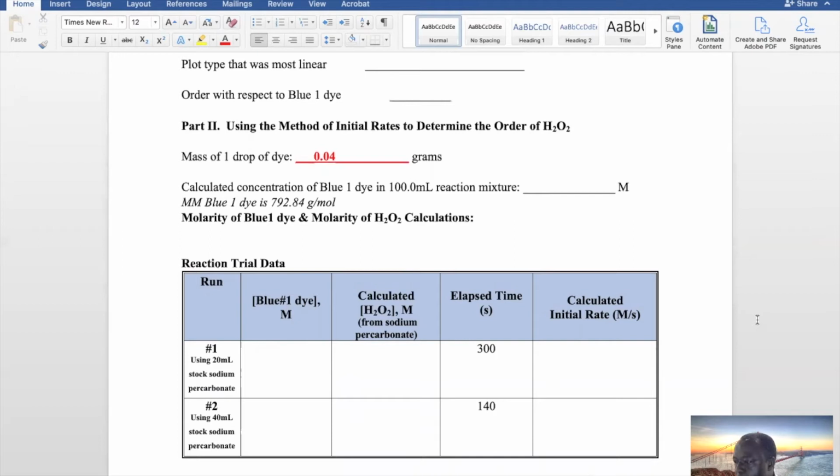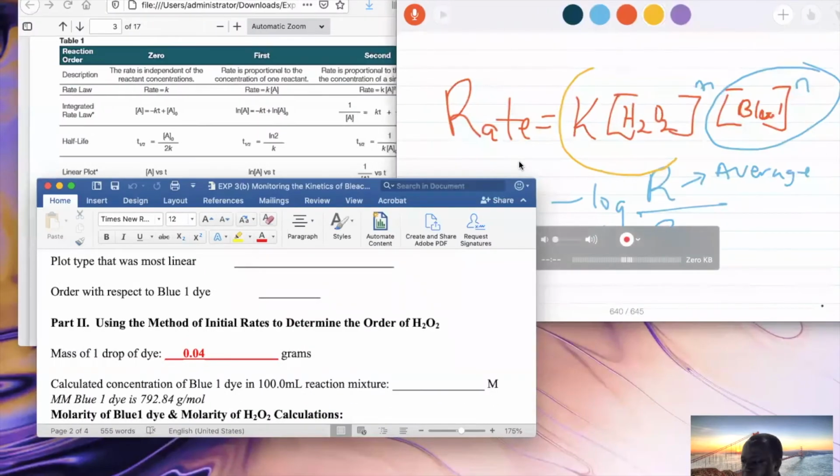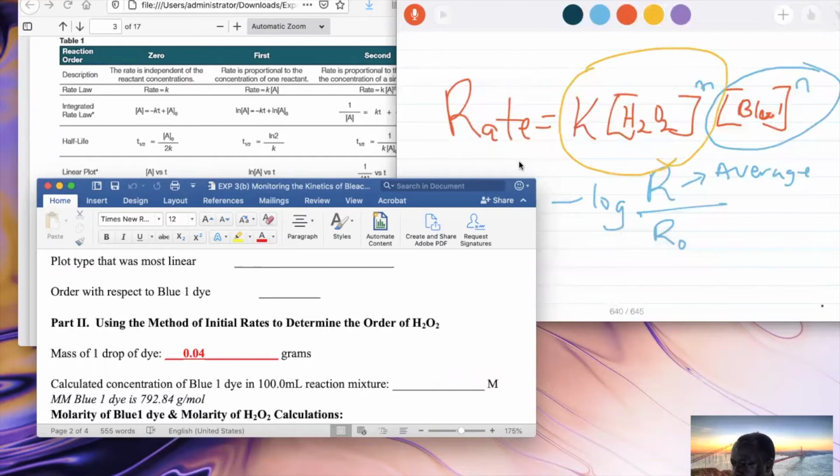So now we are shifting gears. Let me just show you my whiteboard. We are shifting gears to how do we find the value for m right here? How do we find the value for m? We are using the method of initial rates, which we covered in the previous experiment.